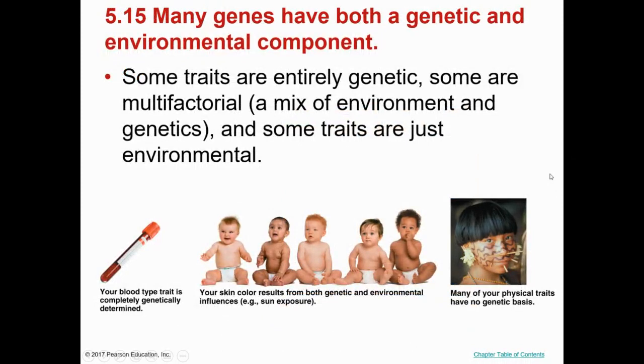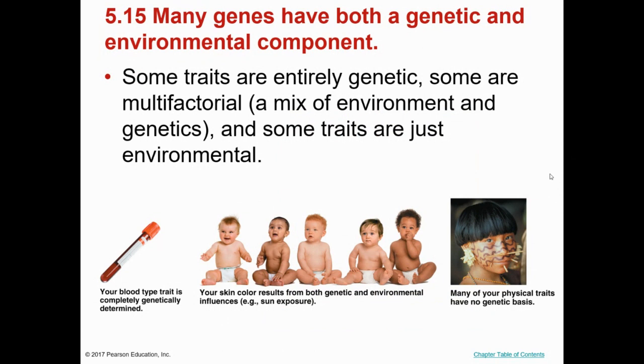Not only do genes directly influence our characteristics, but we also can see environmental impact. And so we have some traits that are purely genetically determined, like blood type. We know that other things like skin color can also be impacted by the environment, like sun exposure, for example.